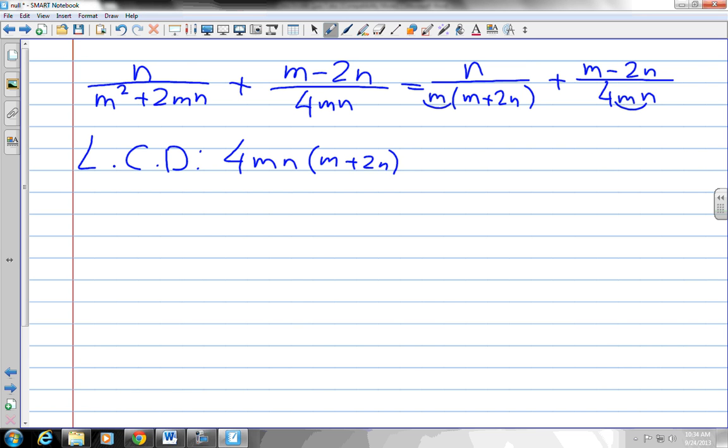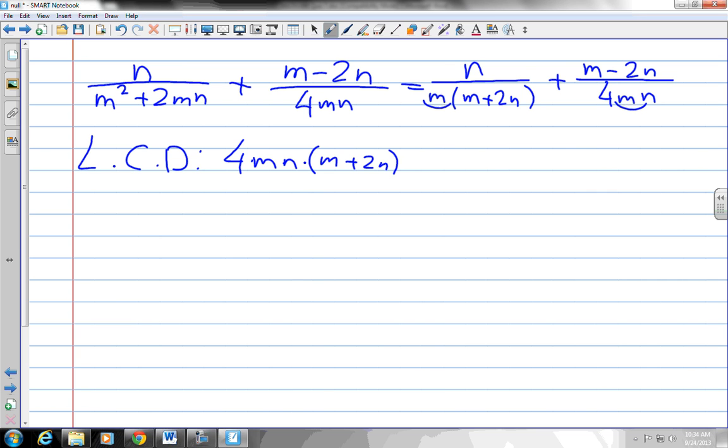So that's that, right? 4, one of the m's, n, and m plus 2n. So I need all of these terms in my LCD. This will tell me exactly what's missing in each fraction.